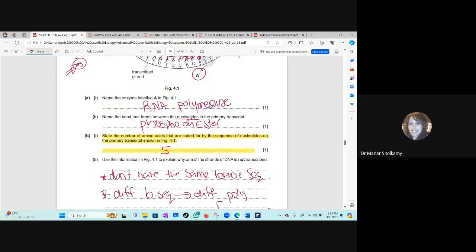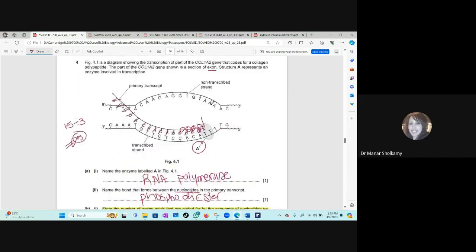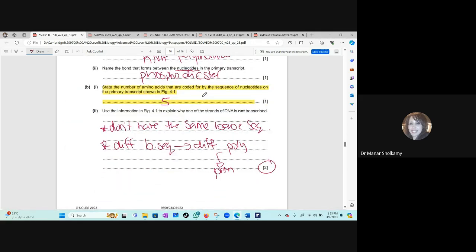Also, Miss, the messenger RNA, can I say that the translation would waste energy? If I translate the wrong DNA strand, yes. So I want to translate the correct strand, the strand with the correct sequence of bases. If I translate something else, I will waste energy. I can write this down: if I don't translate the correct strand, I will waste energy and resources.